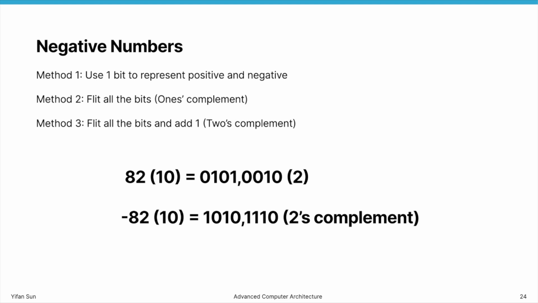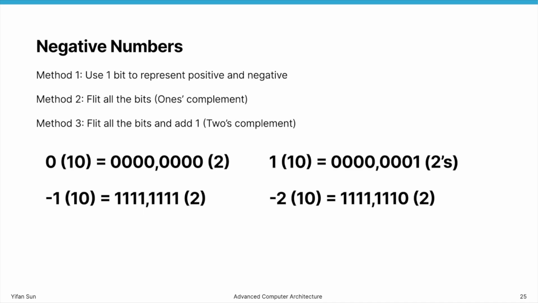So what's the advantage of 2's complement representation? Just use one example. How do we represent 0? We represent 0 with all 0s. That's simple, right? So how do we represent 1? Nothing changed.